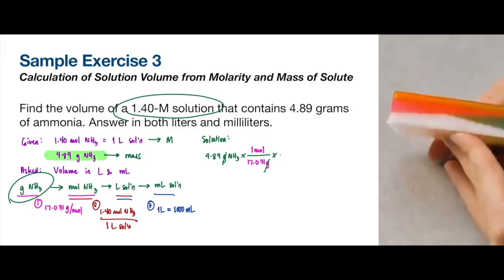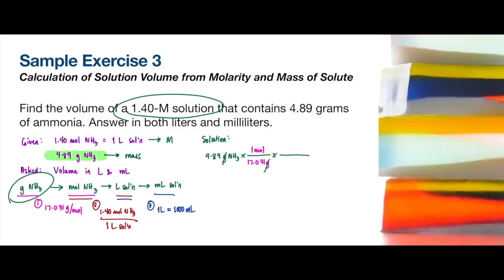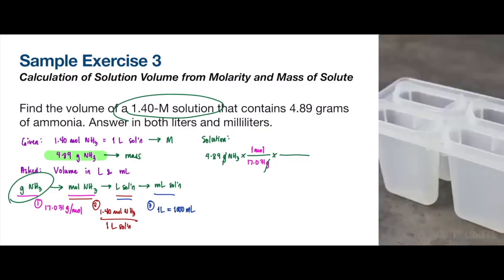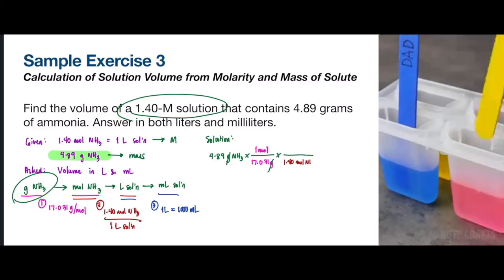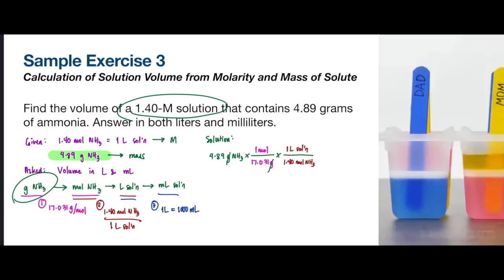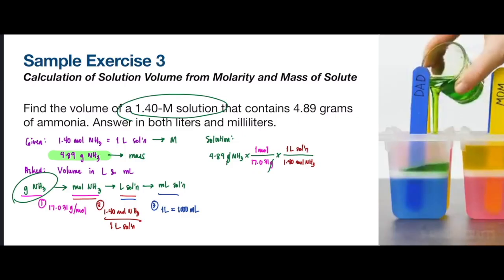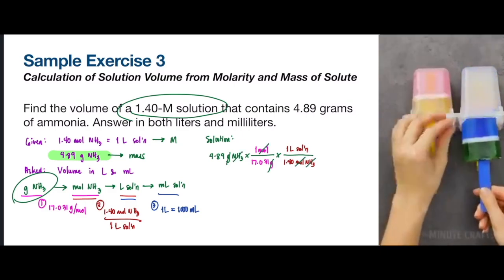Next, the second conversion factor is to convert from moles to liters of solution. Using the molarity, we will place 1.40 moles of ammonia in the denominator and we will put 1 liter of solution in the numerator. And as you can see, we can already cancel the moles here and the ammonia as well.